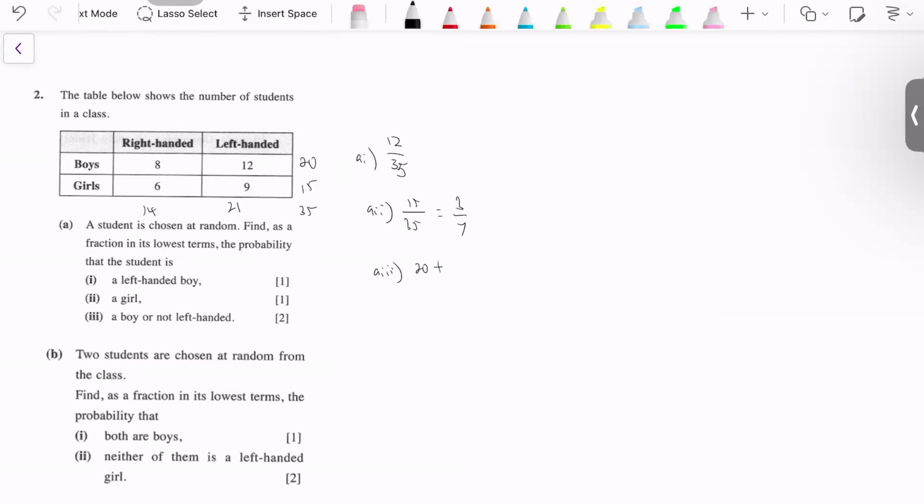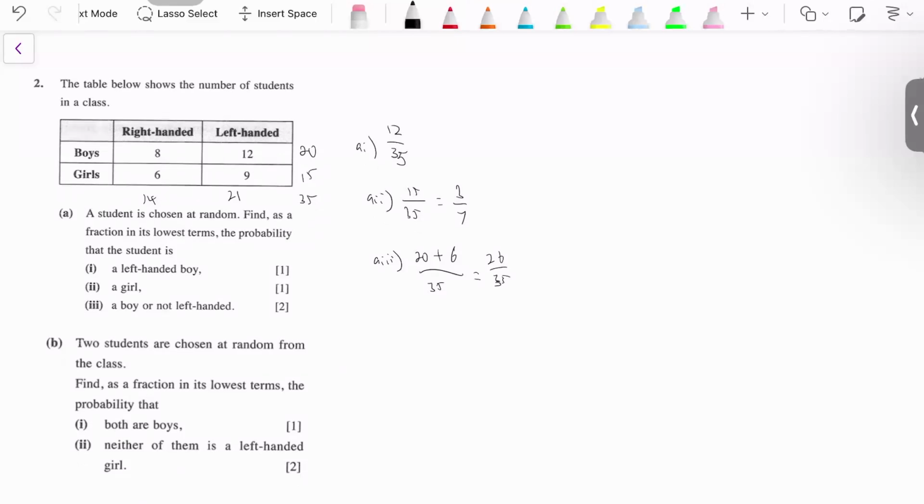So whatever is left are just the girls. So we will only add in the girls who are not left-handed, in other words right-handed, which are 6. Same thing out of 35, that will give us 26 out of 35. So that's our probability of us getting a boy or not left-handed.